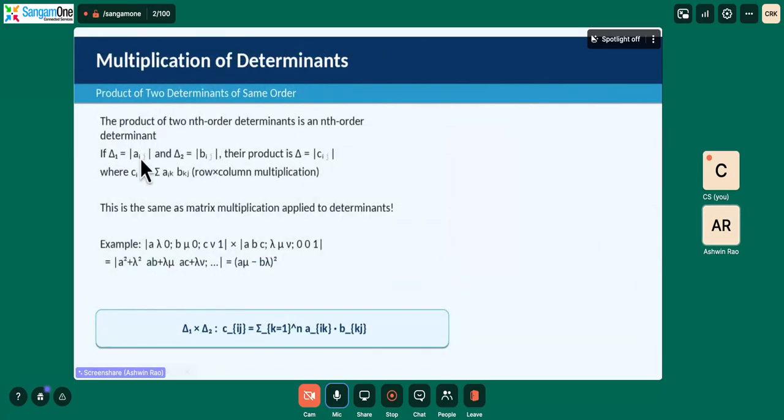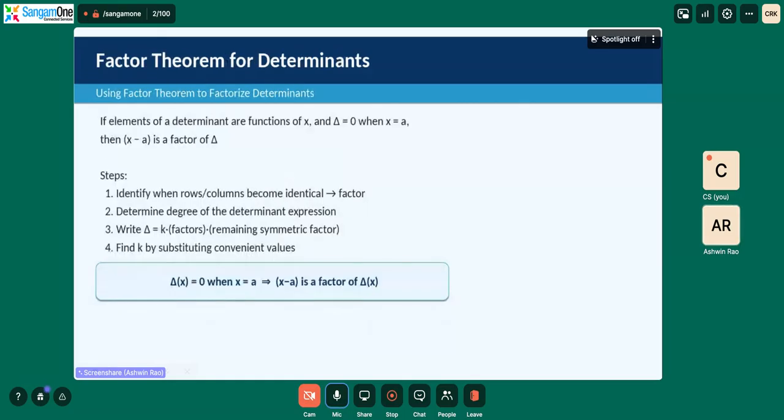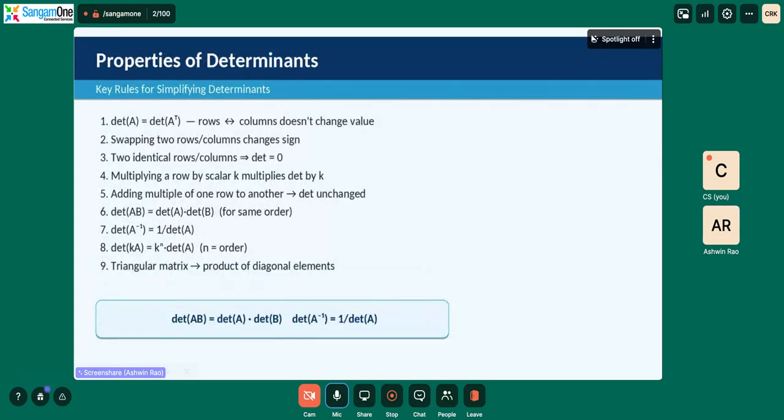Product of two determinants means we are multiplying to derive the same matrix multiplication and deriving some formula to represent what it represents. Is a determinant a single numerical value or what is it? Determinant is a collection of values, sir. It's row and column multiplication, as you can see here.